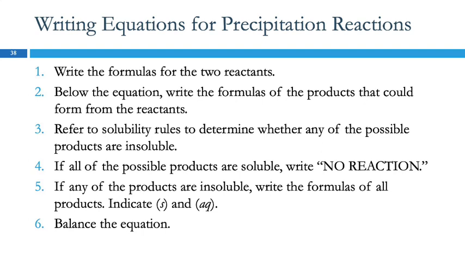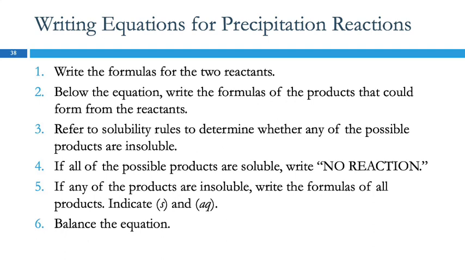If both of those probable compounds are aqueous, if they're soluble, then no chemical reaction has happened, and we just write no reaction. We always hope that this is the kind we're going to get because it's a lot less work than if there is a chemical reaction. If any of those products are insoluble, then we're going to have to write the formulas for the products.